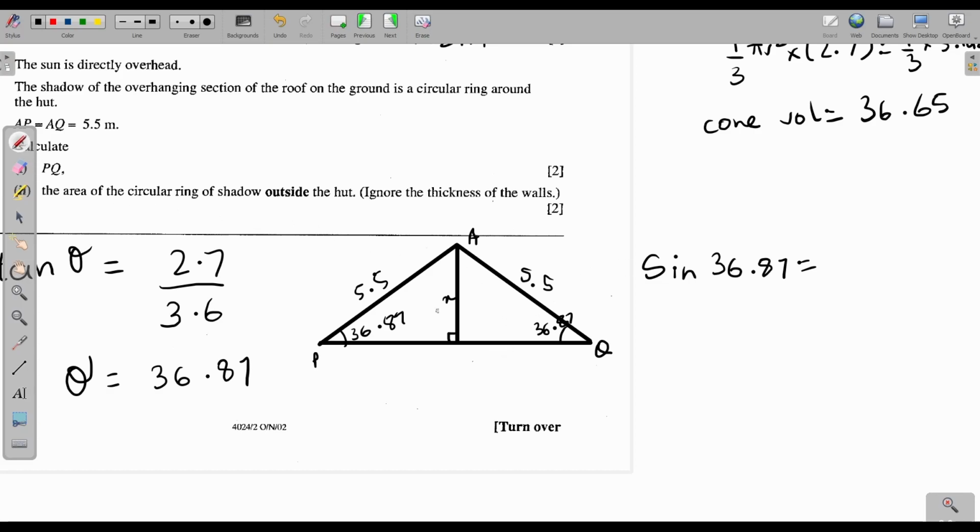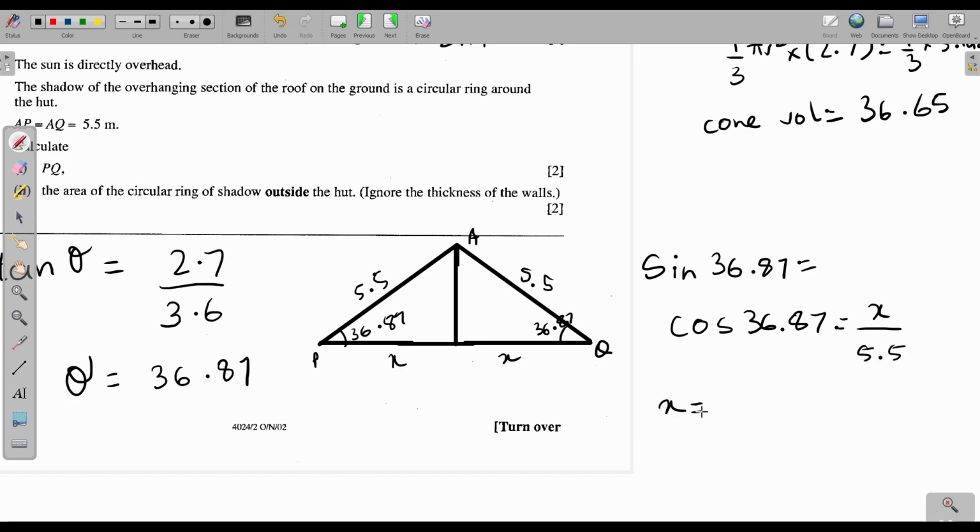Apologies, we're trying to find PQ, so we don't need to use sine, rather. Let me figure that out again. We just want to find x, and these will be the same, so we'll just multiply it. We'll actually use cos, because cos of 36.87 is going to be equal to x, which is our adjacent, over the hypotenuse, which is 5.5.